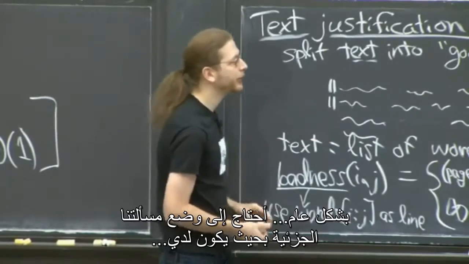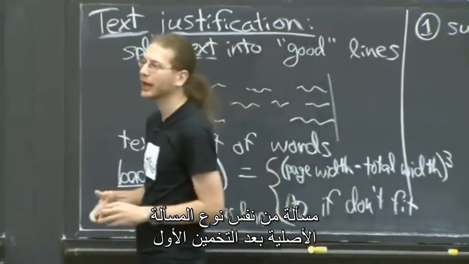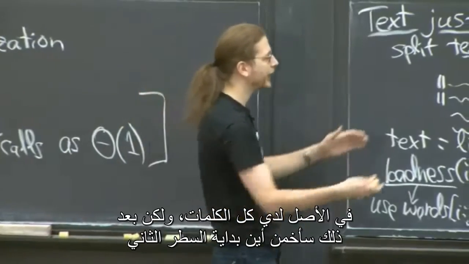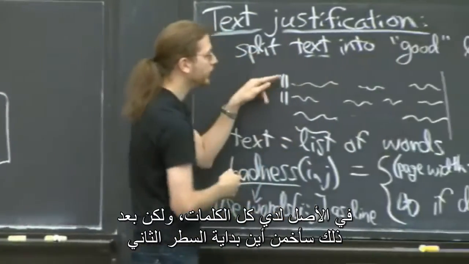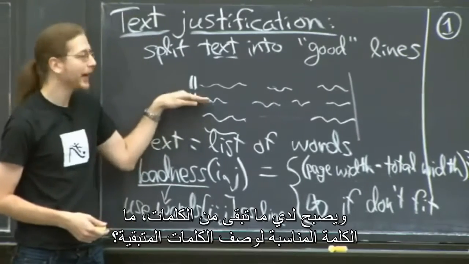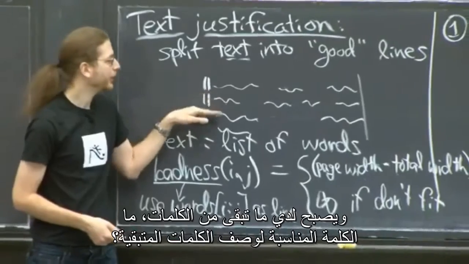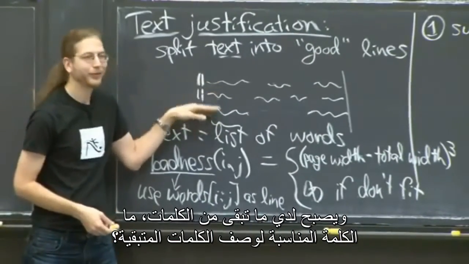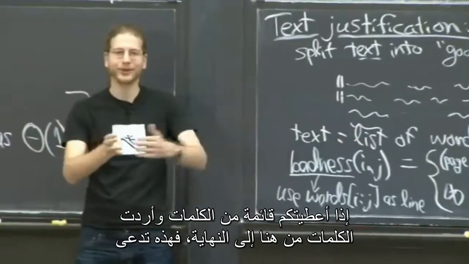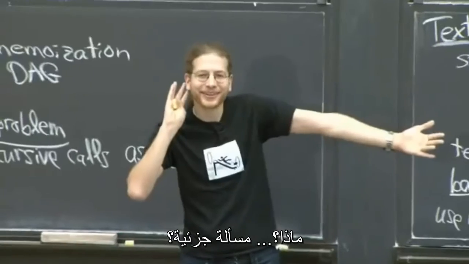In general, I need to set up my subproblem so that after I do the first guess, I have a problem of the original type. OK, so originally, I have all the words. But after I guess where the second line begins, I have the remaining words. What's a good word for the remaining words? If I give you a list of words and I want from here on, it's called what?